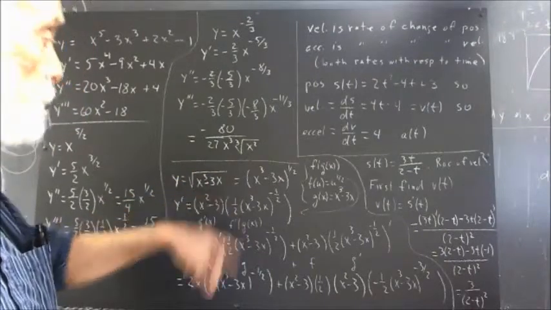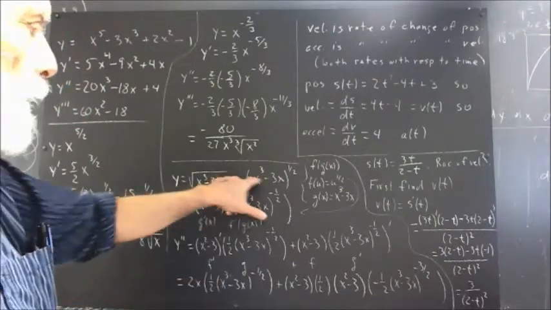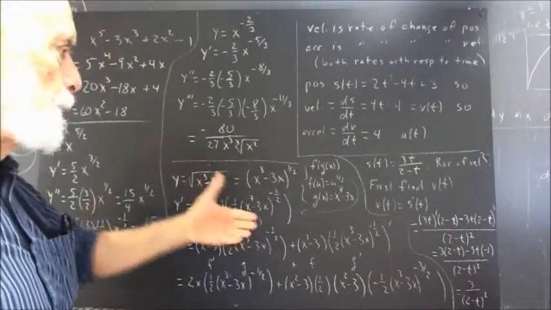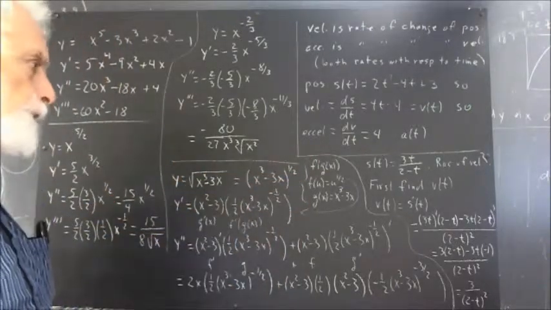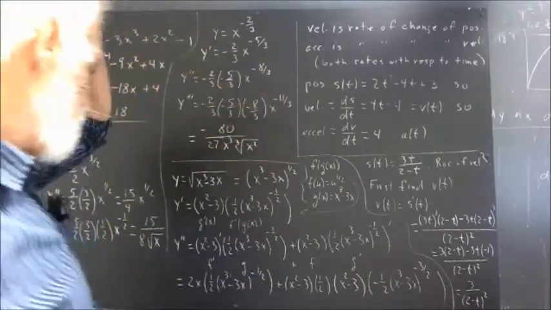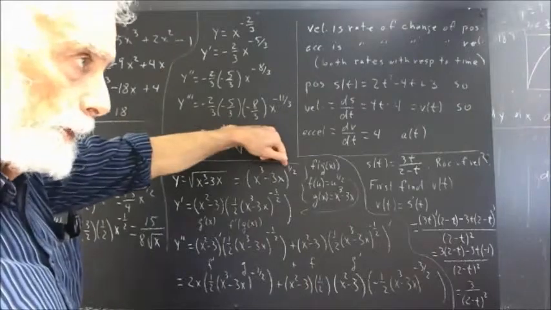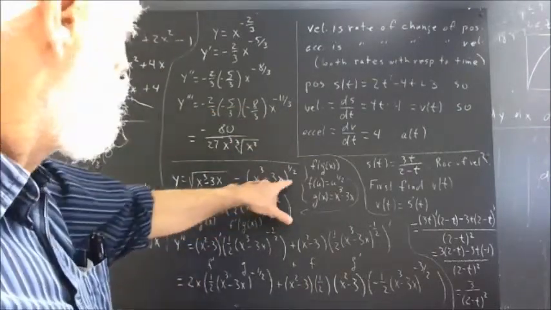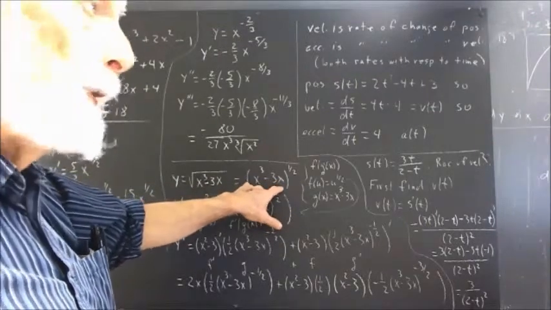minus 3x. Now we first write this as x cubed minus 3x to the 1/2, so we can easily express this as a composite. And I use the 1/2 because people are a little more comfortable with that at this stage than with a square root. So this is a composite function.